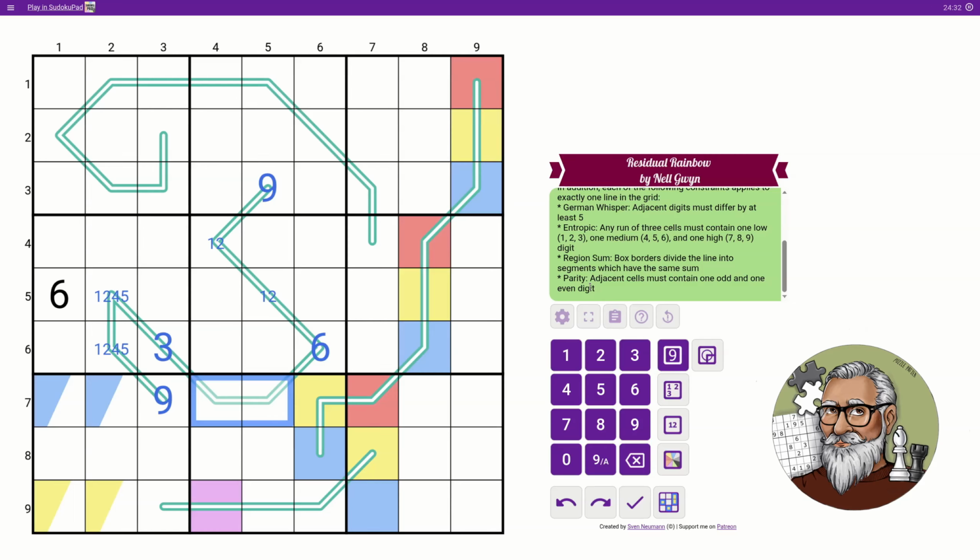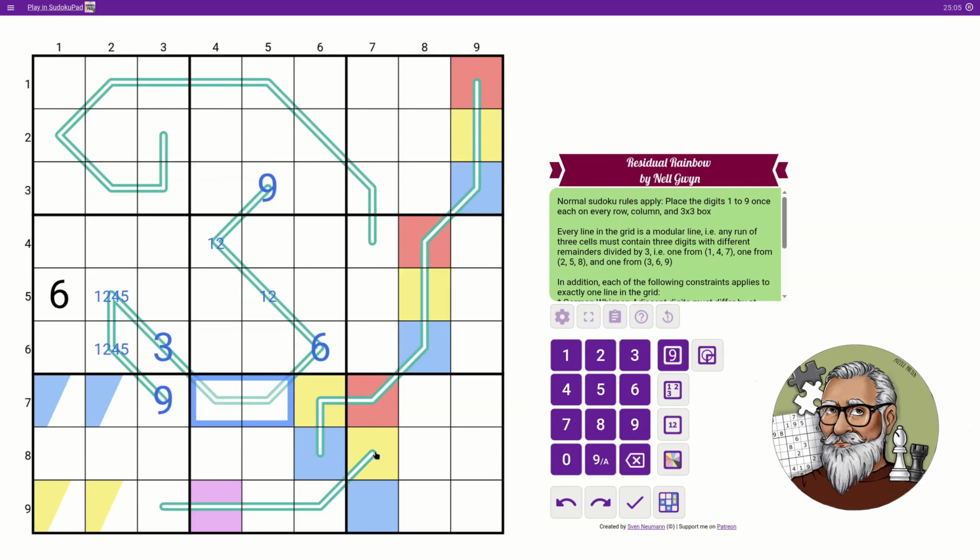I was going to say, I presume the short one works for everything, but why wouldn't it? Because, I mean, if it doesn't work here, then why would it work there, for instance? I don't know. But in any case, German whispers should work, I think. Again, I don't see any reason why it wouldn't work.